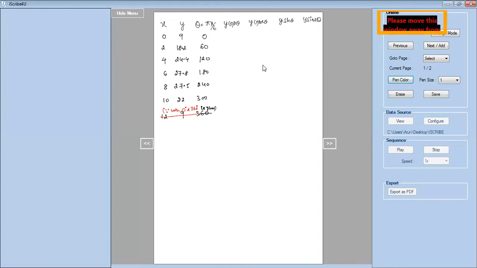After completing this table, you should tell me from the table what is summation y, then summation y cos theta, then summation y sin theta, then summation y cos 2 theta, then summation y sin 2 theta. I want these values. And I want the value of n also.